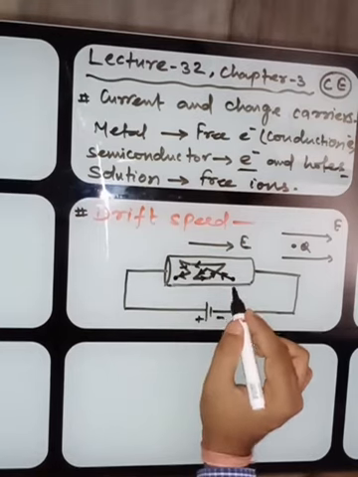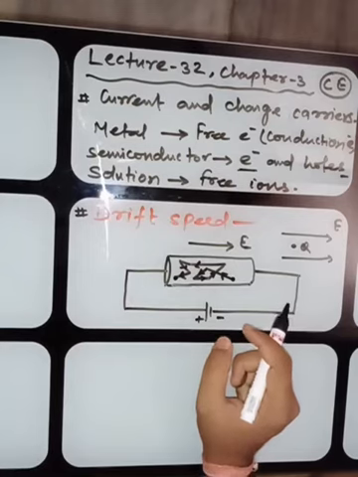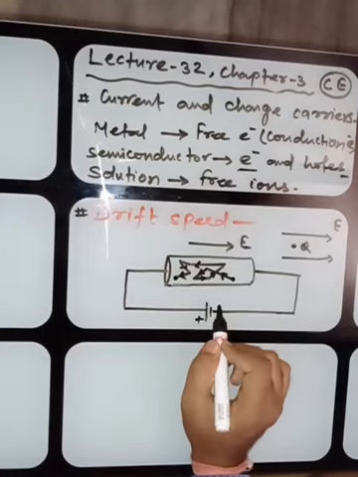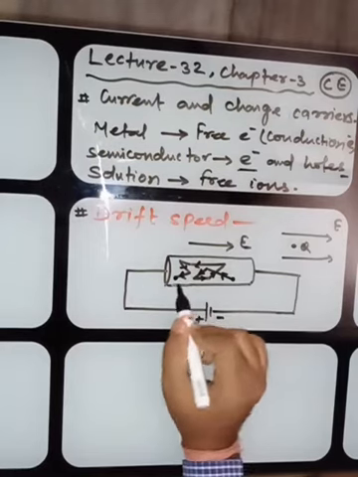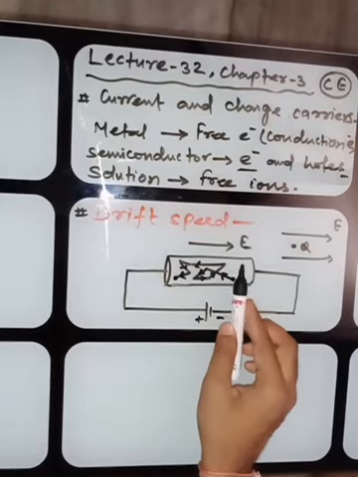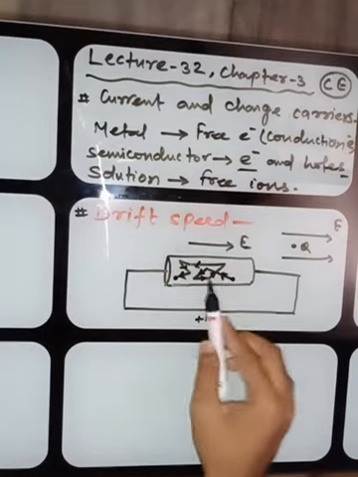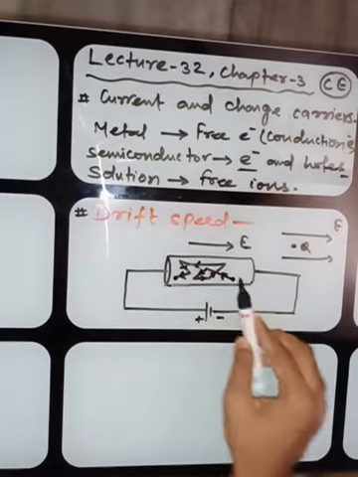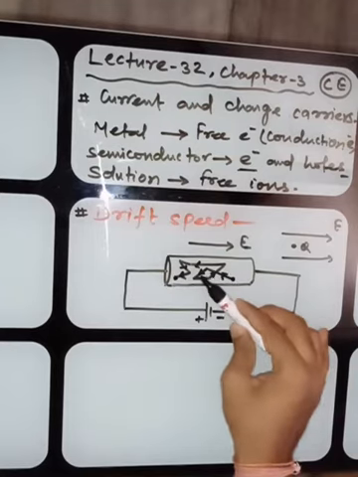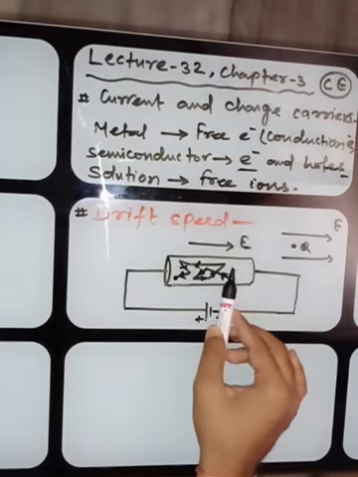Actually, my dear student, the electron moves with a very high speed, but it drifts with very low speed. Remember, it drifts slowly because a number of collisions take place in a very small interval of time. That's why it collides with the electrons, and it moves at very high speed, but it drifts with very small speed.